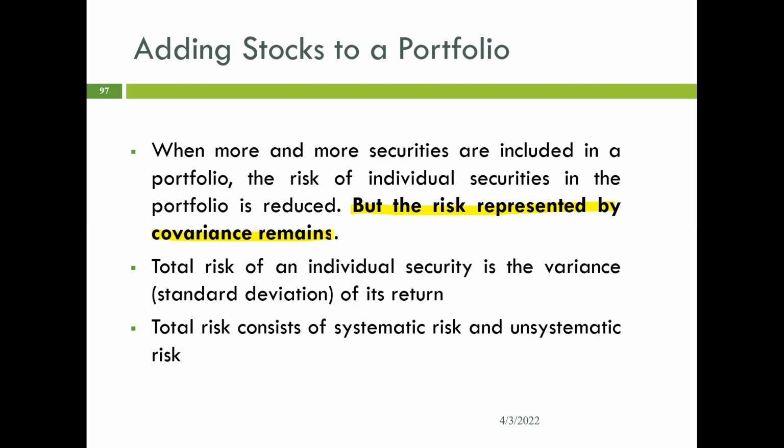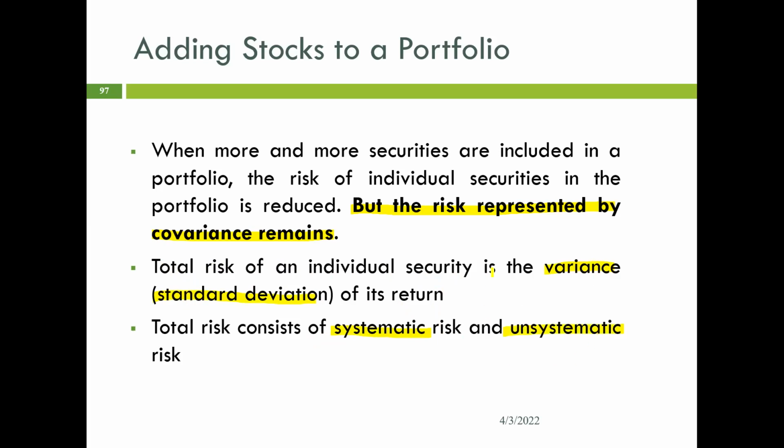Therefore, the total risk of an individual security is the variance of its returns. As you measured so far, normally total risk is measured using variance or standard deviation, right? Total risk consists of systematic risk as well as unsystematic risk.